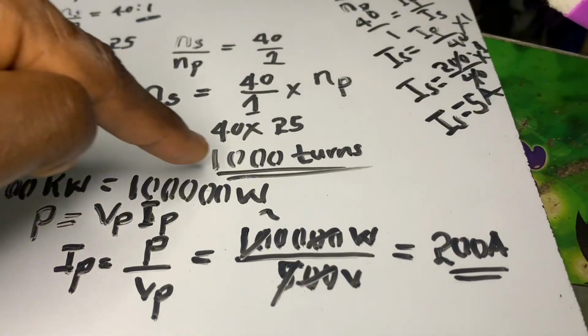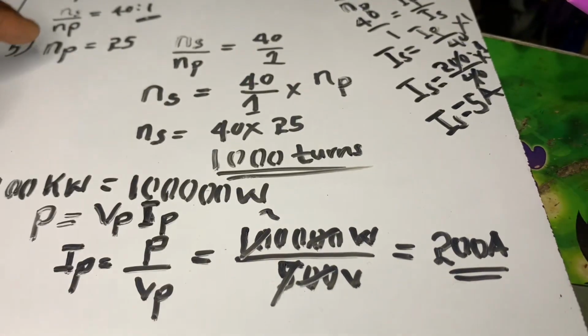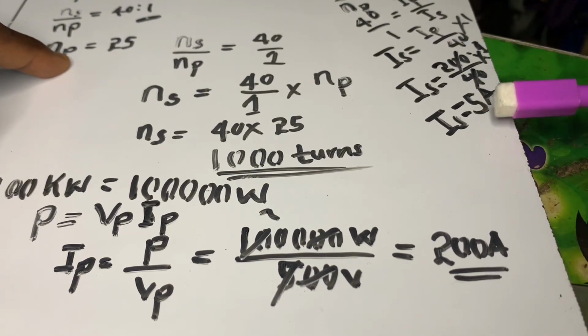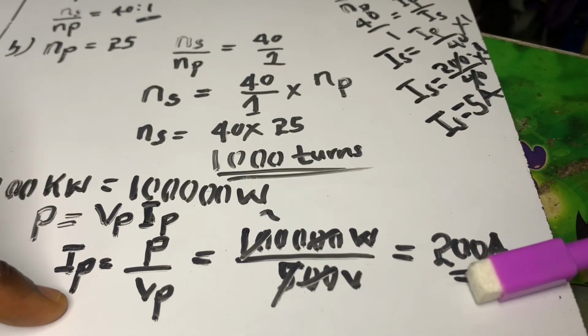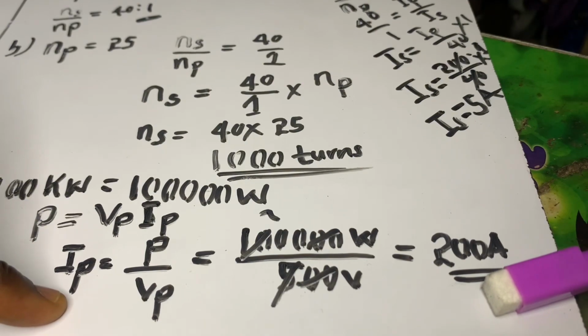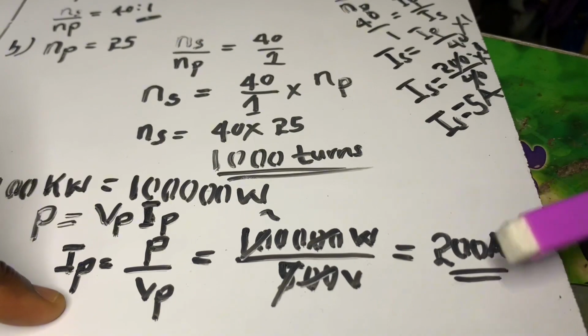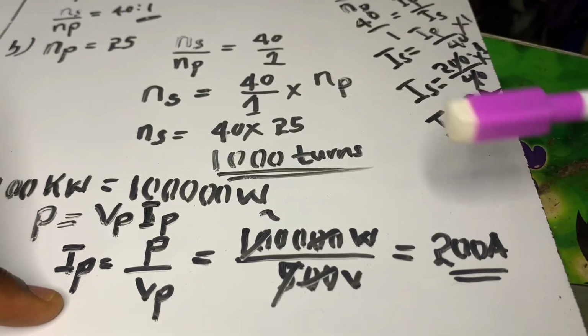Since the number of turns on the secondary coil was 1,000, which was greater than the number of turns on the primary coil, which was 25, it resulted in a lowered amount of current, 5 amps, compared to 200 amps, because the current at the primary coil was 200 amps. So it needs to be stepped up so that the current will be reduced. It needs to be stepped up so that the voltage will be increased. So if you increase voltage, you are reducing current in terms of transformers.